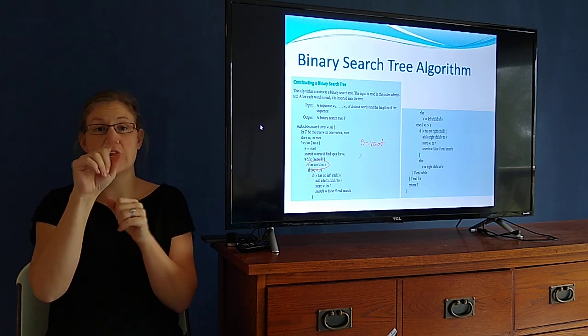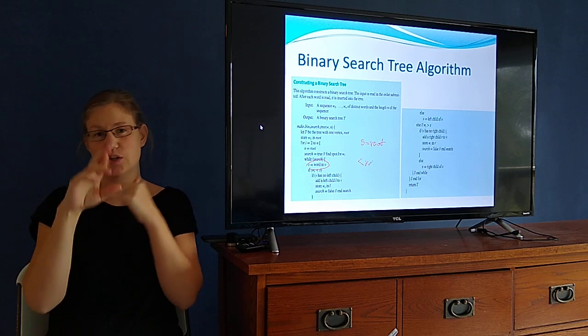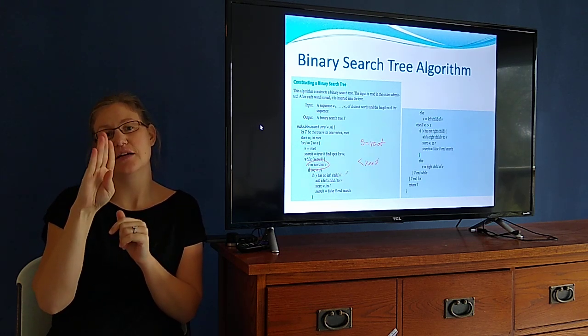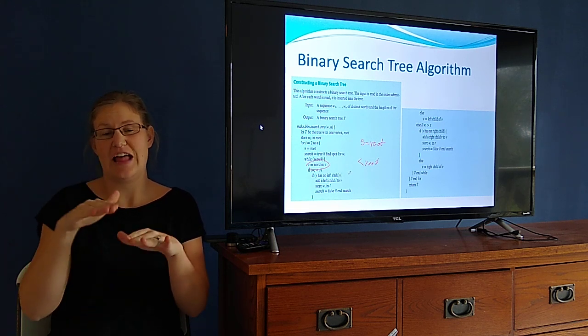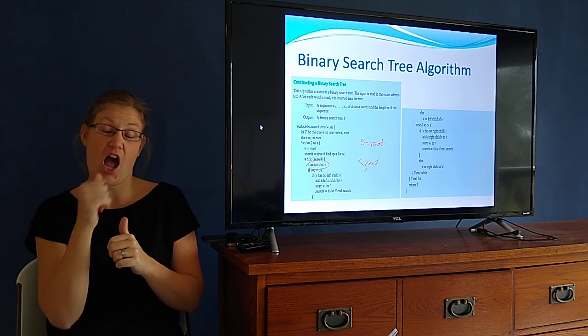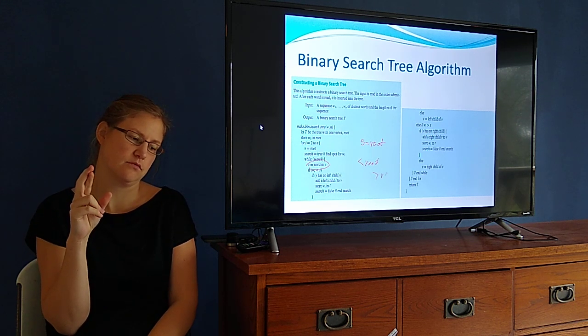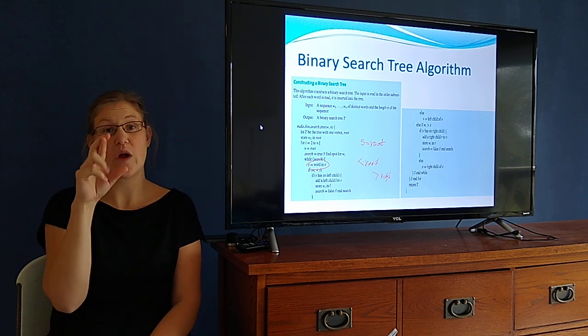If it's less than the root, go to the left, because the left subtree or the left child is always less than the root. If it's not, go to the right, which is the right subtree, always greater than the root.